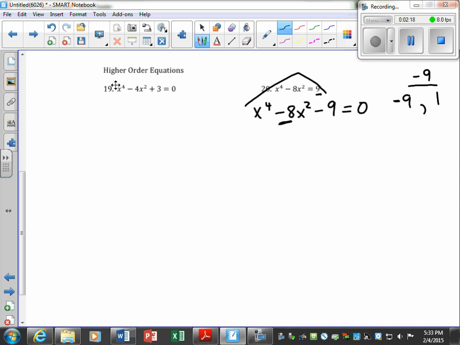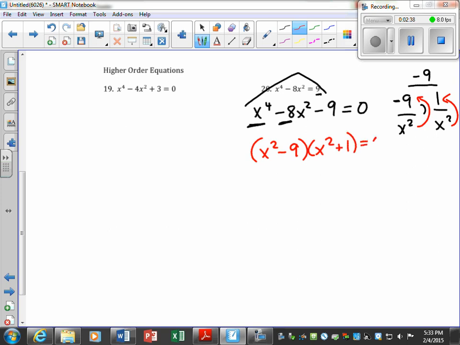So we have that. This is an x to the 4th, so we have x squared, right, from the bottom up: x squared minus 9, x squared plus 1 equals 0.